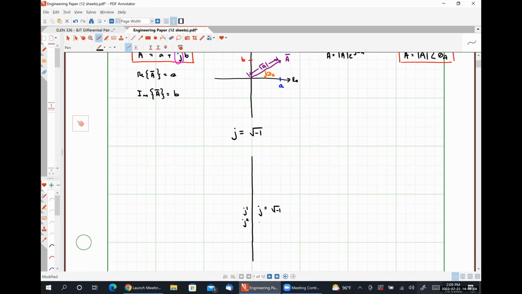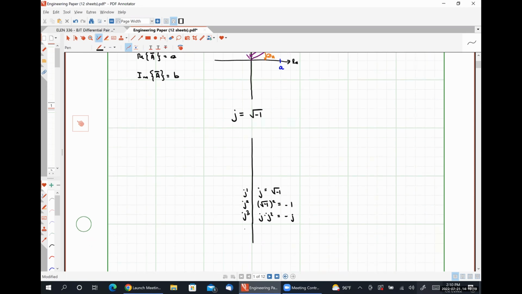J squared is then the square root of -1 squared, which is -1. J to the 3rd power is just J times J squared, which is -J.